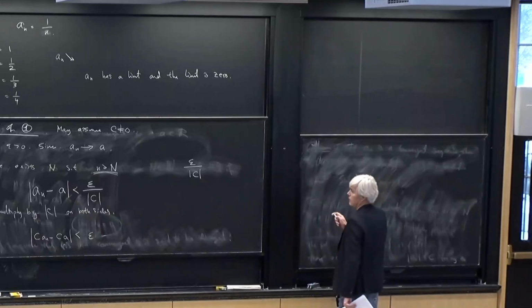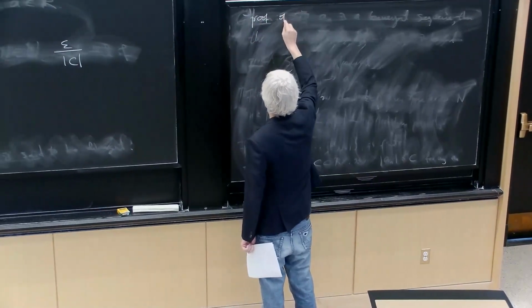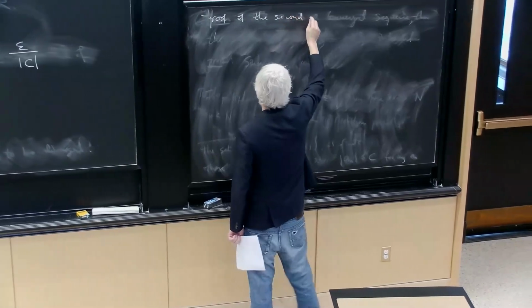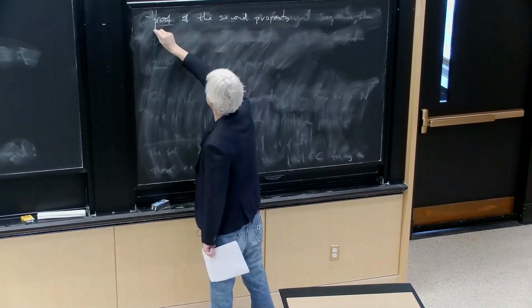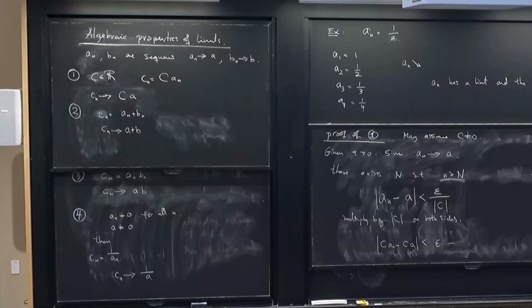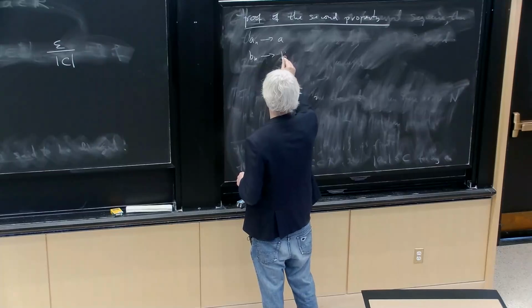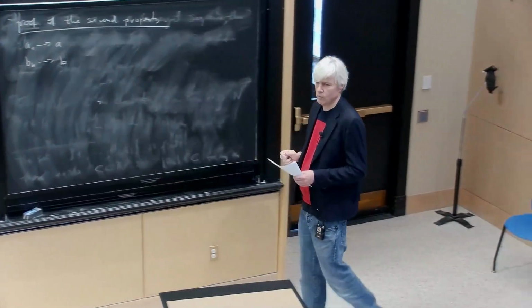Okay, so now we want to prove the second property. So we have that An is converging to A, and Bn is converging to B. And so again, you give me an epsilon that I have to work with.